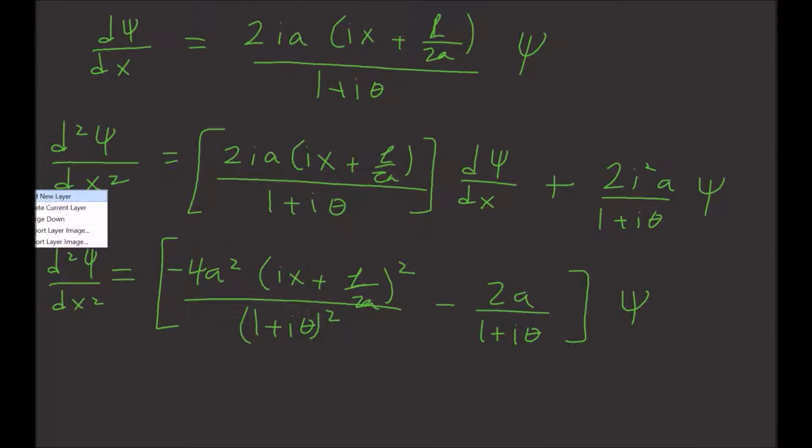So now let's put this into the expectation value of p squared, which gives us 4 times a square h bar square divided by 1 plus I theta square times the integral. Remember, we have to integrate. We still didn't integrate.